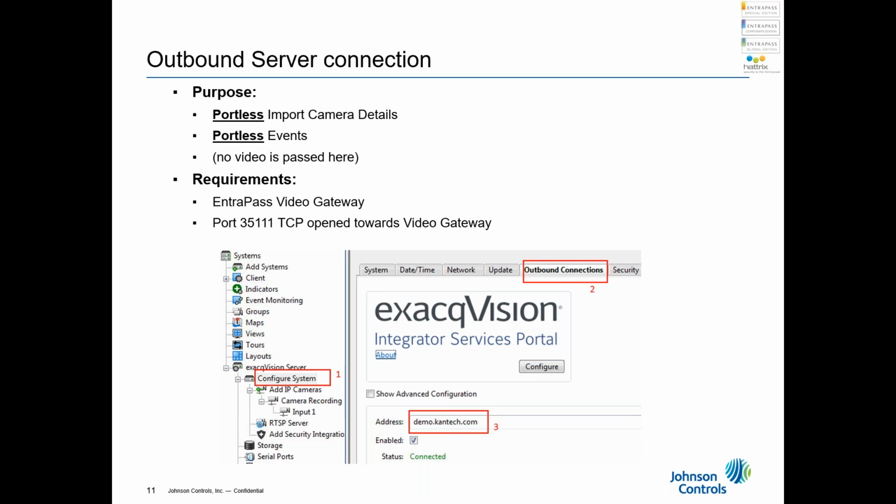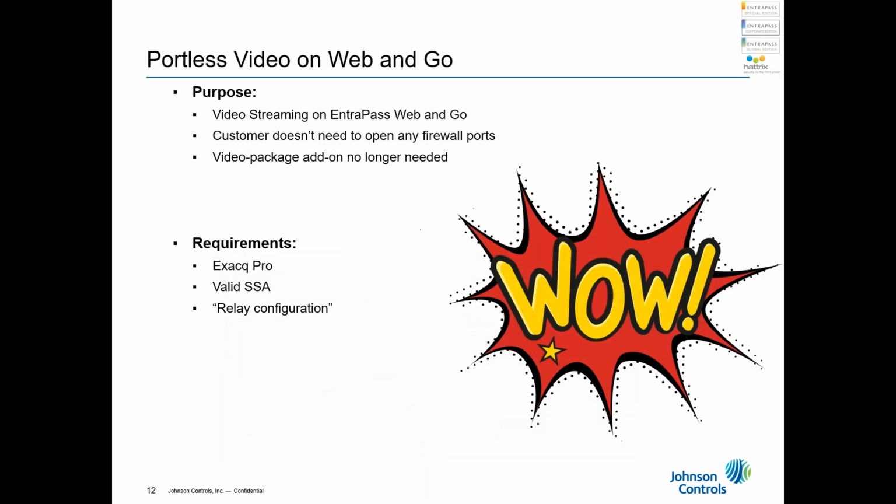Now, in the Exact server, you have to set up an outbound connection, which I showed you the steps here. As you see, it's a 3-step process. You tell it where you want the EntraPass connection to connect to. Now, that's only for outbound connections. That's not the video. If I want video, I can now set up a video relay.